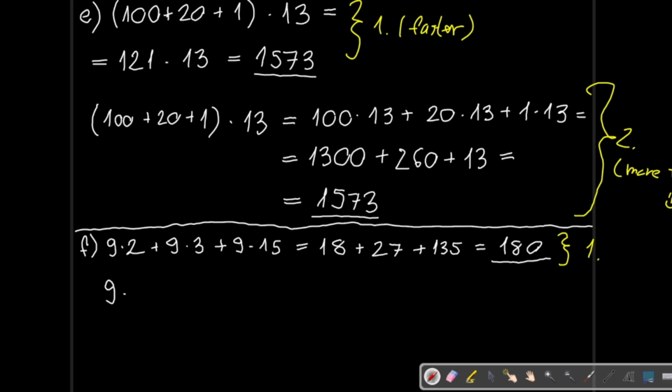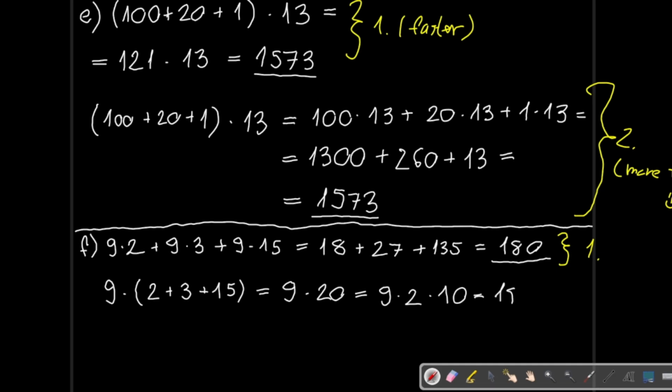So we have 9 times 2 plus 3 plus 15. And now we can do the bracket first. The bracket gives us 20, and 9 times 20 is 180.